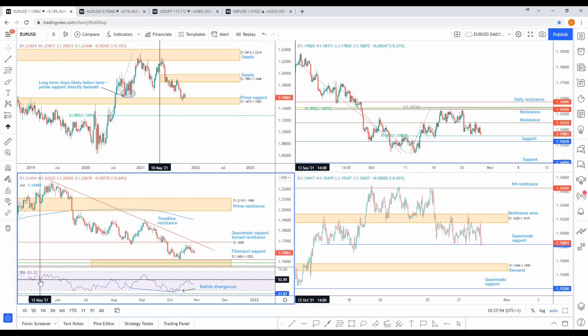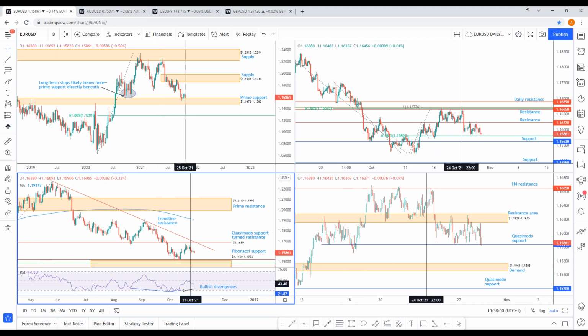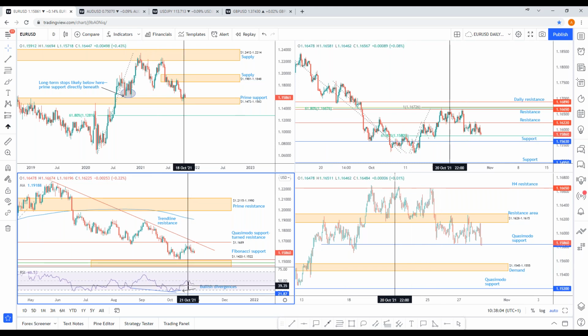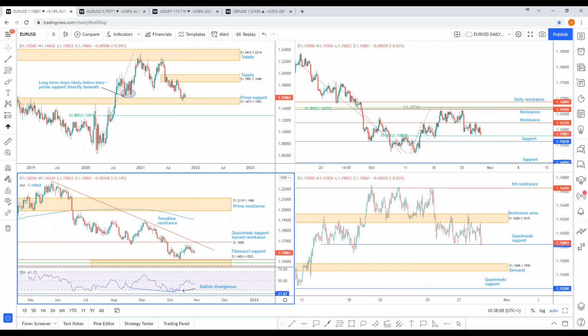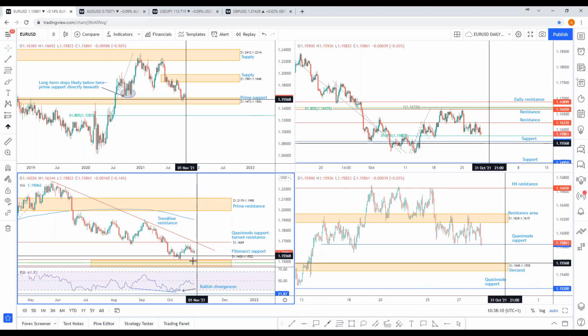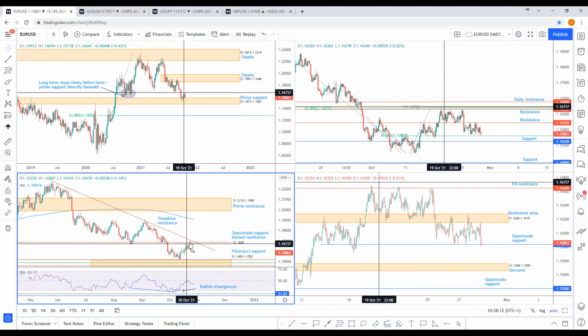It compares the up days and the down days and then forms a ratio. So what we're seeing here is the ratio whereby the sellers are out, the average losses are outweighing the average gains. So this favors further downside on the daily time frame.